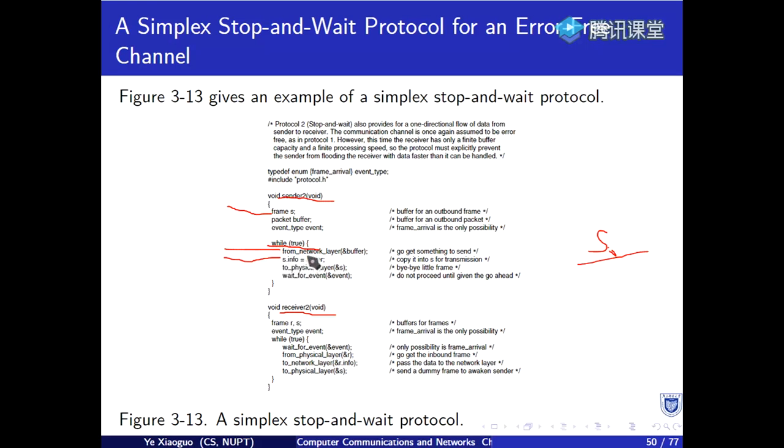So encapsulate the packet: get a packet from the network layer and put the packet into a buffer, then put the buffer, that means put the packet, into a frame S. The next step is to transmit the frame to the physical channel.